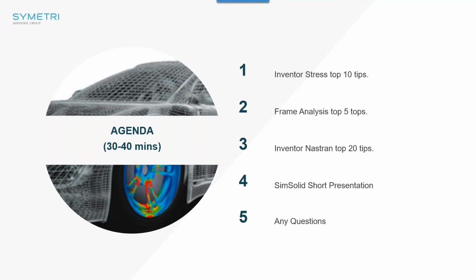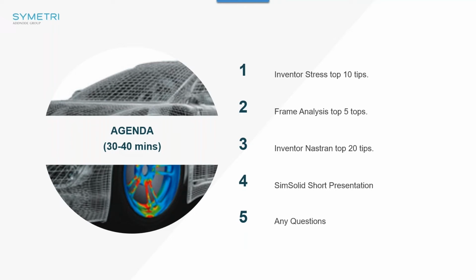Now, I thought that with a huge audience here, I would take the opportunity to show you a small presentation on a product called SimSolid. All these tips and tricks we are talking about, we have to do them because we want the software to be able to mesh and run with pretty small run times. SimSolid does not require any tips and tricks.